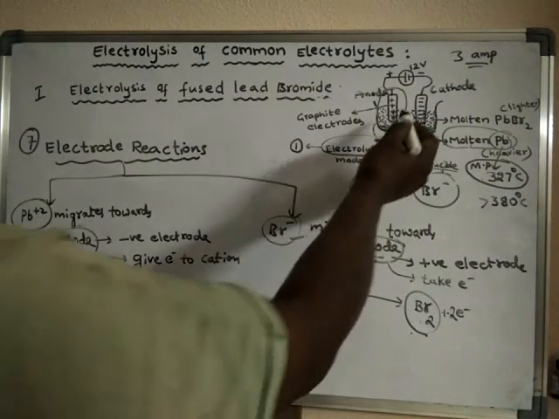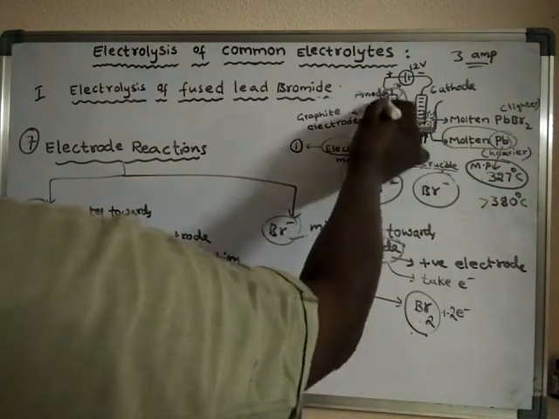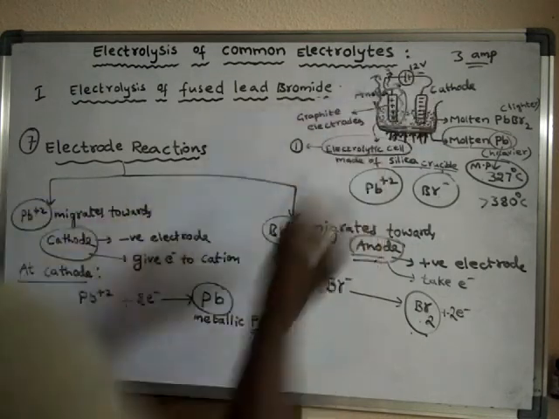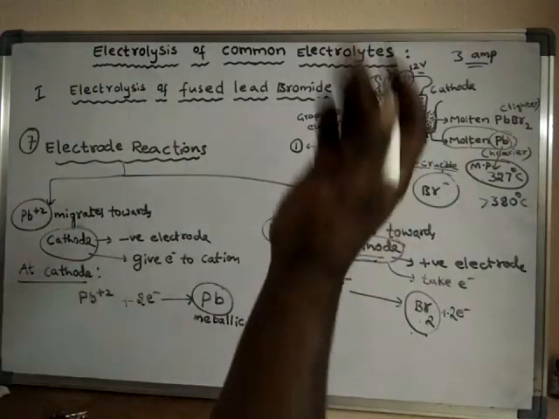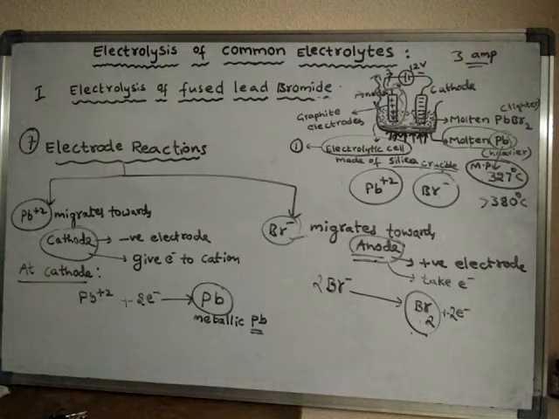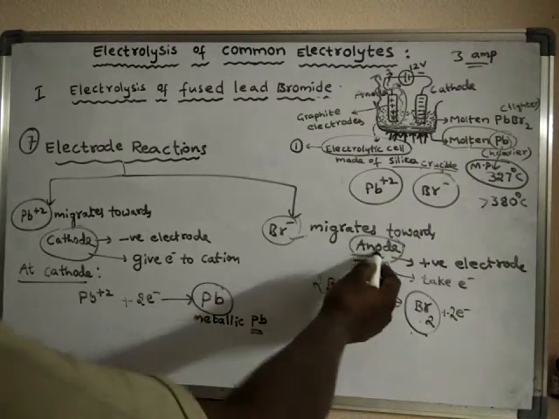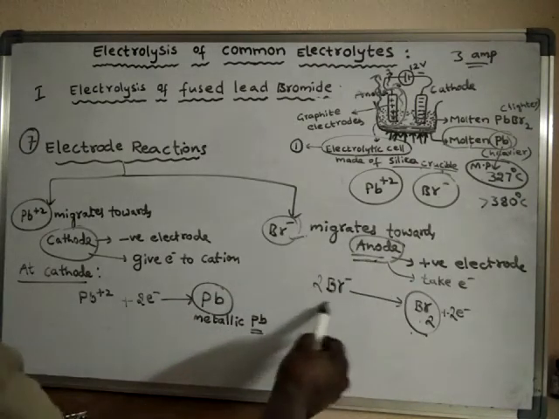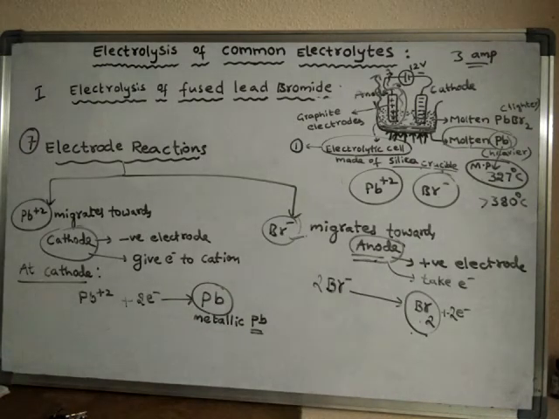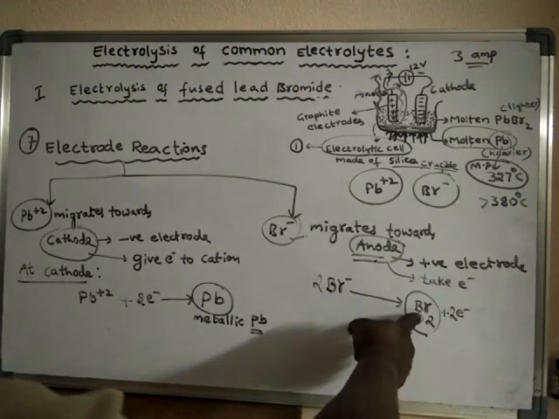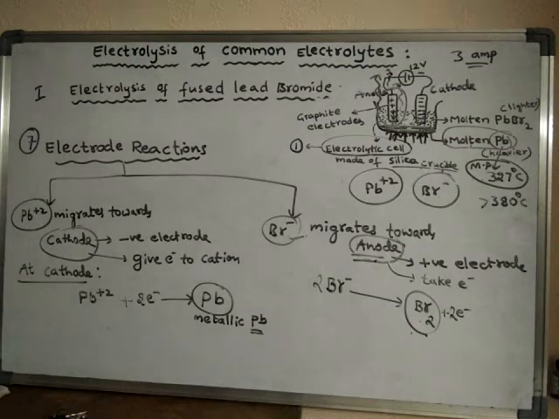So from this portion, reddish vapors are evolved, and they escape into the air. Then that bromine is trapped by some methods. Okay, right. So here at the anode, discharge of bromide ion into neutral bromine atoms or else bromine molecules takes place.